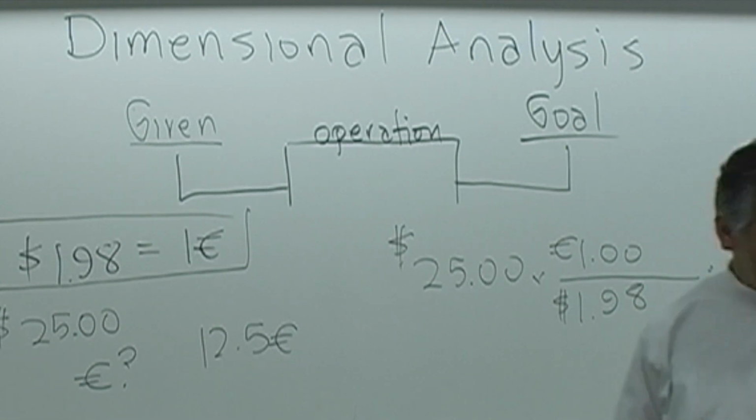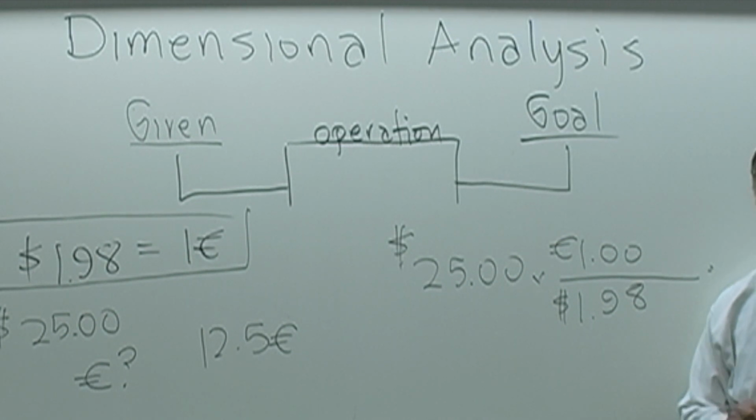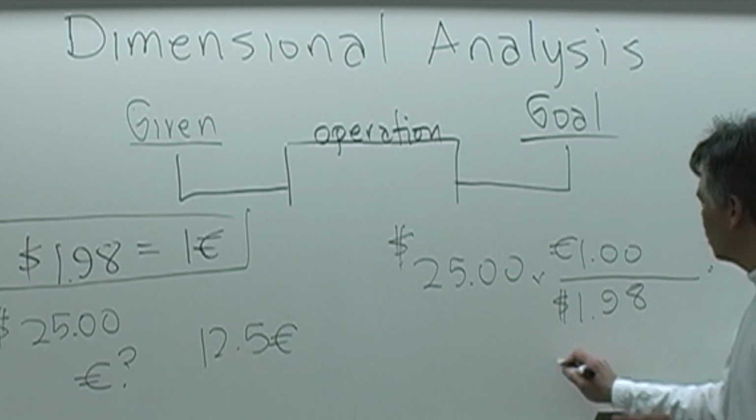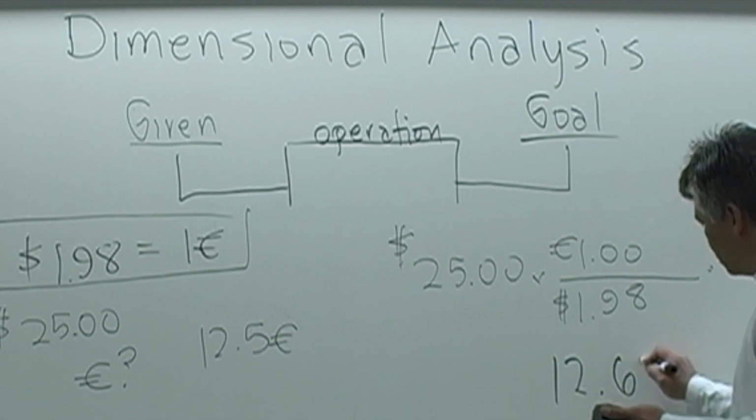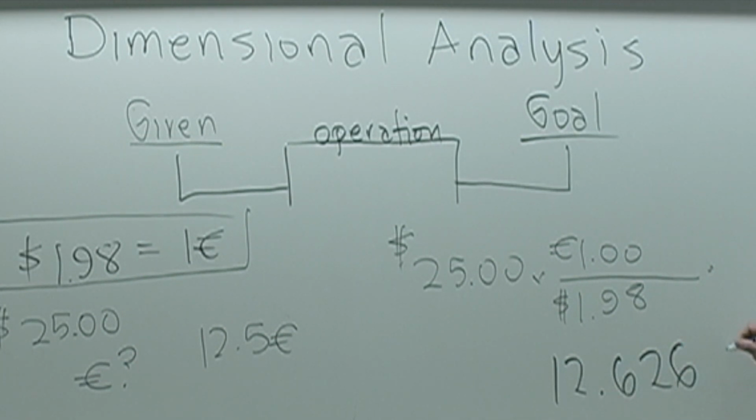When you did the math, you took 25 and essentially divided it by 2, because that's about what 1.98 is. But let me just do the math real quick. That comes out to 12.626, or approximately 12.63 euros.